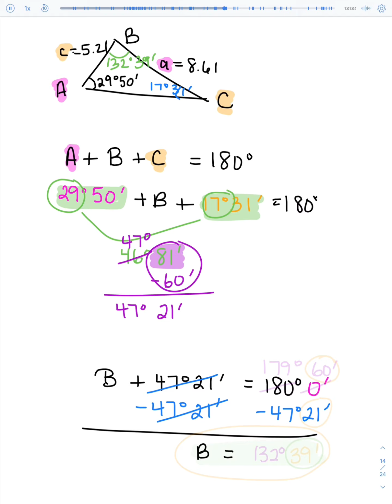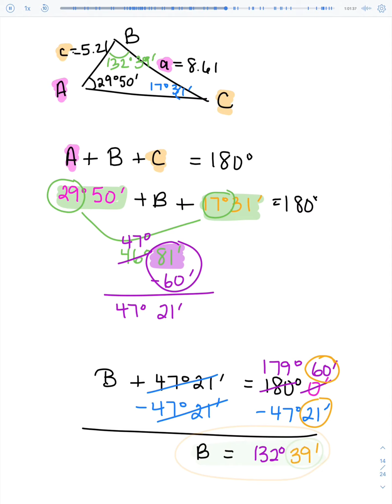So to borrow, we actually need to turn this into 179 degrees and bring back the 60 minutes that we got rid of before, and do 179 minus the 47, which is 132 degrees, and then we need to do our 60 minus our 21, which is now 39 minutes.